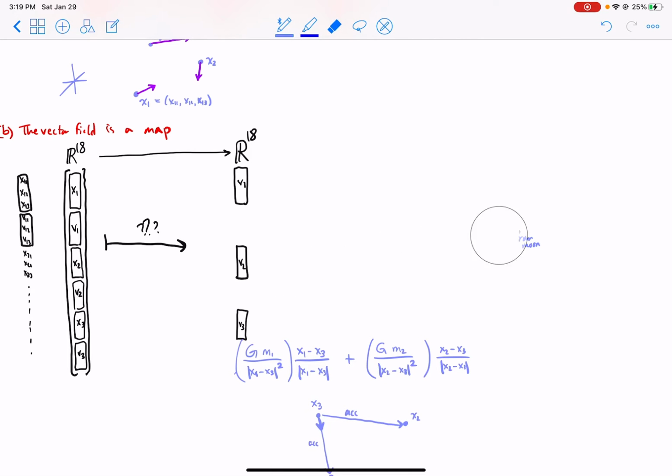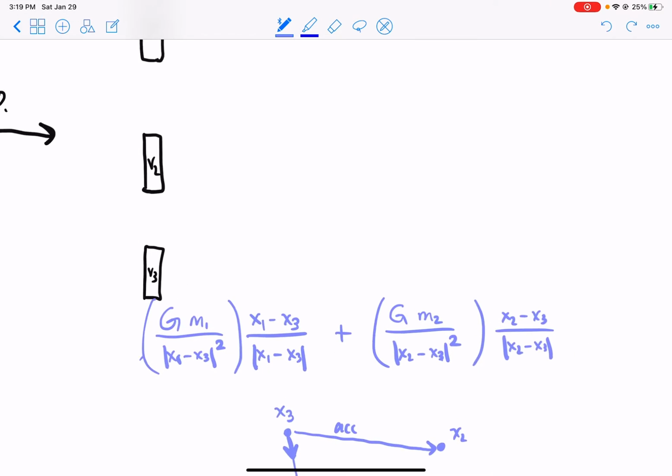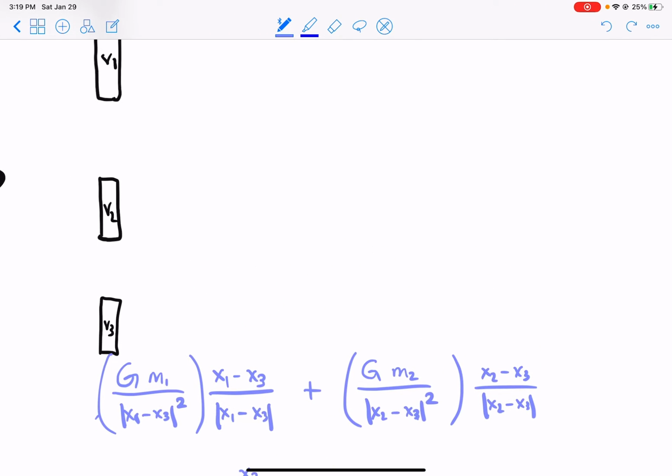So let's see what the acceleration, how about of the moon? Well, the velocity changes by the acceleration on the moon. So maybe I'm just going to, here's our spaceship, here's the moon, x2, here's the Earth.